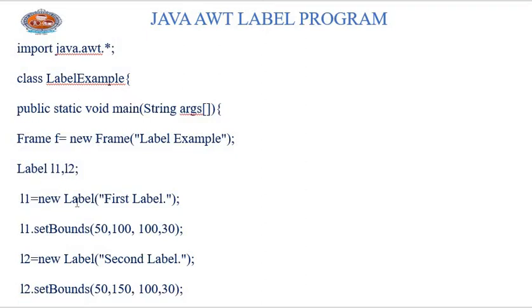L1 is equal to new Label of first label. L1 dot setBounds 50, 100, 100, 30. So here we can set the bounds. Next Label L2 equal to new Label, second label. L2 dot setBounds 50, 150, 100, 30.